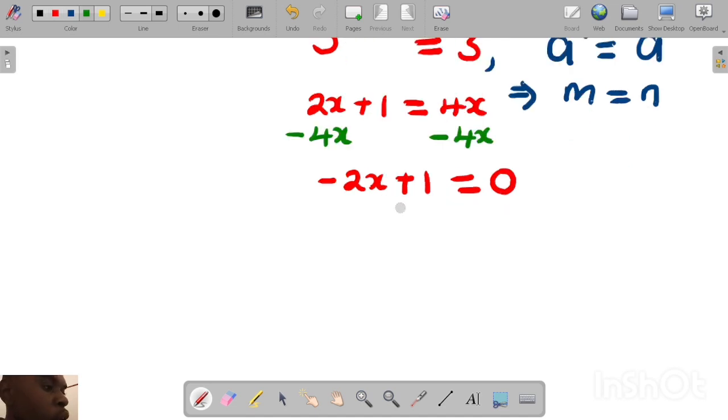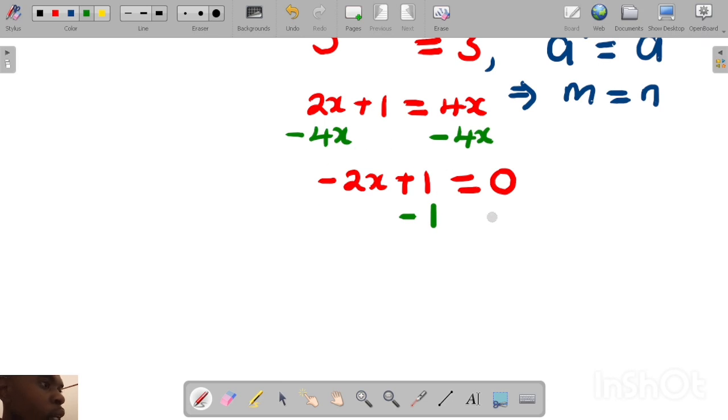At this point, we continue collecting like terms together. We want to find the value of x, so this term has to be taken to the other side by additive inverse. This is positive 1. To remove it, we subtract 1, so that 1 minus 1 becomes 0.